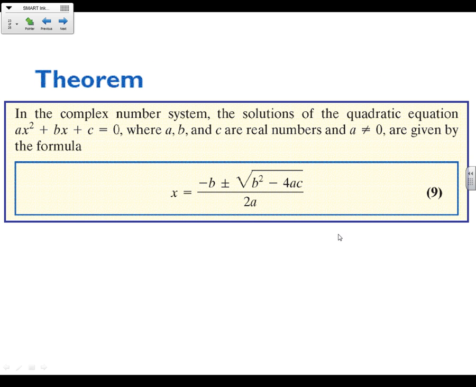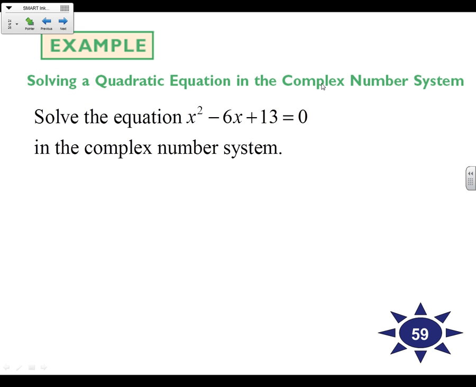All right, so again, here's your quadratic. If we solve this using the quadratic equation, let's see what we would get. Negative b, it would be positive 6 plus or minus the square root of 36 minus 4ac, so 4 times 13 is 52, all over 2a.